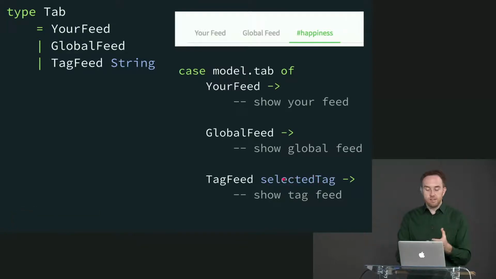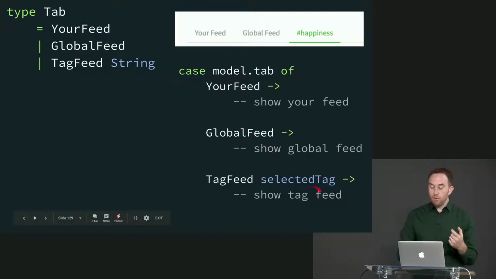I've happened to decide to name it selectedTag right now. This works a lot like function arguments, except in reverse, where we're saying I have a value that holds onto this thing. I want to extract that value and give it a name. Pull out that string and say, from now on, inside the scope of this branch of the case expression, we now have a thing called selectedTag, and it is that string.